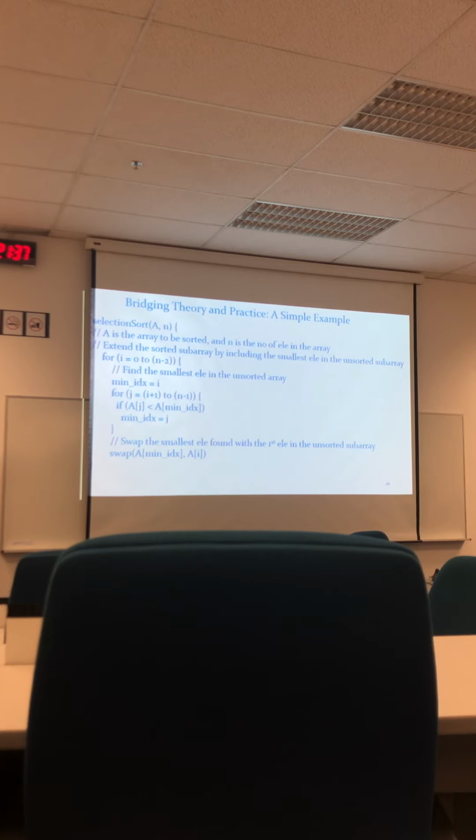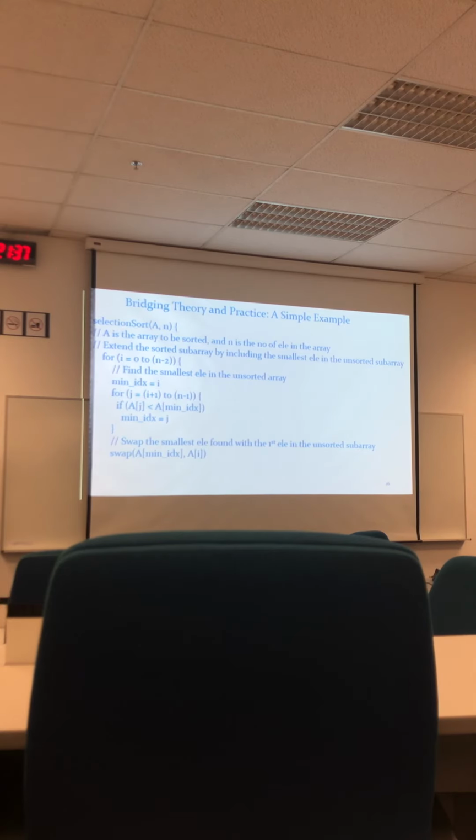This part is to find the smallest element. First, we set the smallest element to the first element in the unsorted part. Initially, we start from 0, so we set it to the first element, index 0.